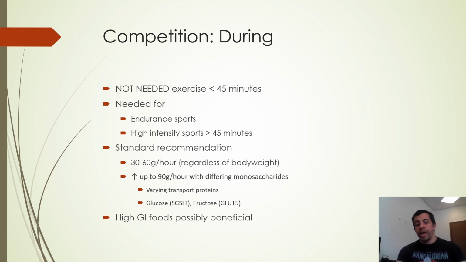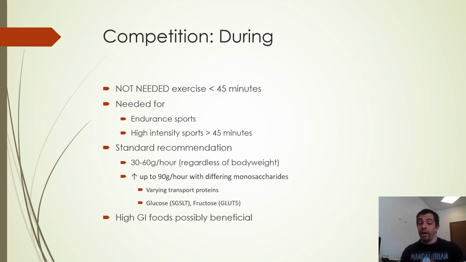Now, what's kind of cool is that we can actually increase this absorption rate depending on the foods we eat, or the different monosaccharides. This is because we have varying transporter proteins, which I mentioned much earlier in this presentation. Glucose uses SGLT, the sodium glucose transporter, as the transport carrier at your microvilli.